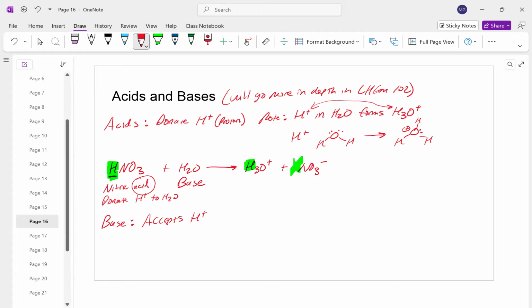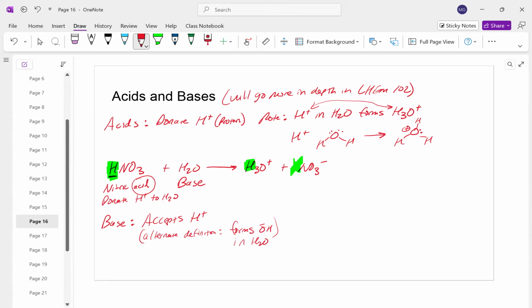An alternate definition, which is going to be very common in GChem, is a substance that forms hydroxide, OH-, when it's placed in water.